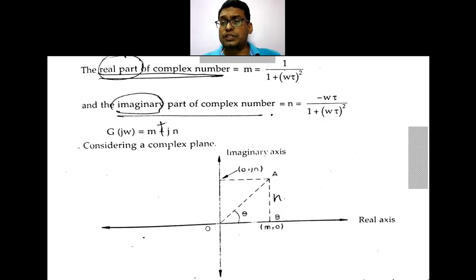Now AB is the imaginary part and OB is the real part, along the real axis. OA is the hypotenuse, and theta is the angle made by OA and OB.